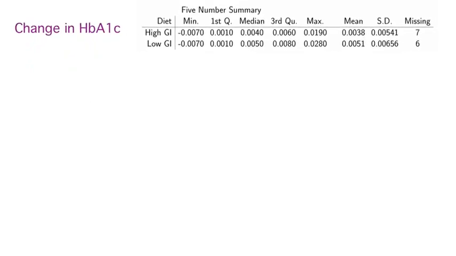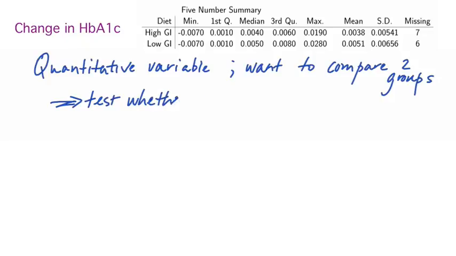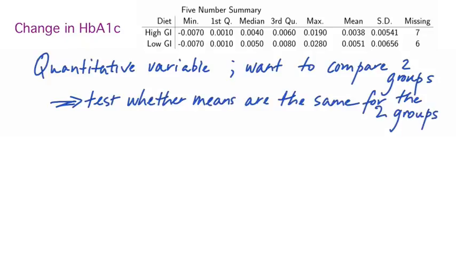Change in HbA1c is a quantitative variable, and we want to compare 2 groups, the low GI group and the high GI diet group. So we'll test whether the means are the same for the 2 groups. The first step in any statistical test is to state the hypotheses. So what we'll test is our null hypothesis that there's no difference in the means between the 2 groups versus our alternative that there is a difference.